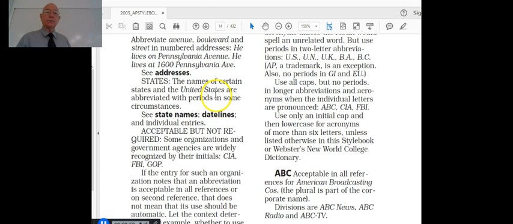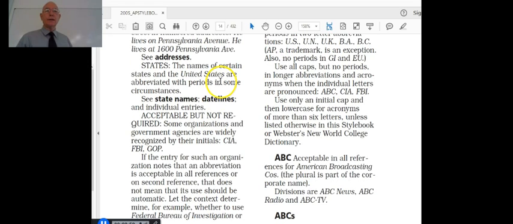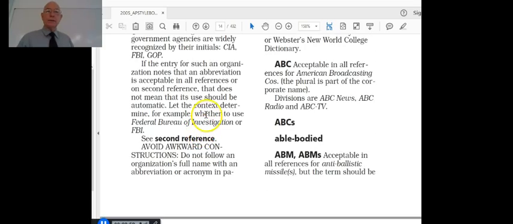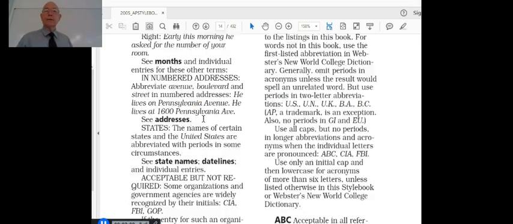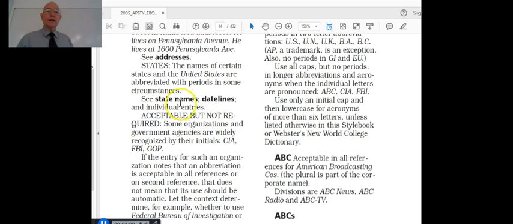That was states. I also reviewed that with you, that in states we are using the traditional abbreviation. Again, they have a separate listing for states. So if you don't find it under abbreviations, it'll tell you where you can find it.